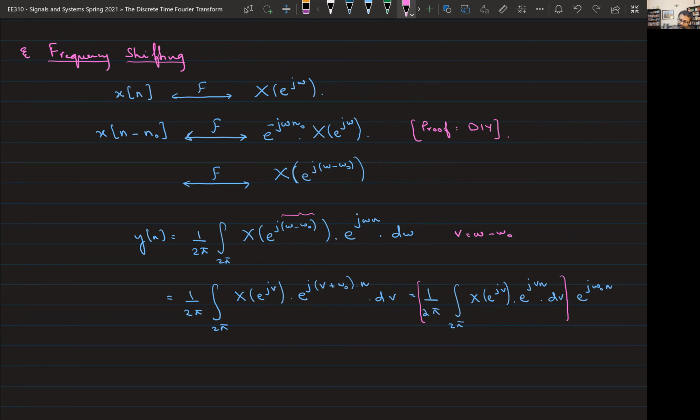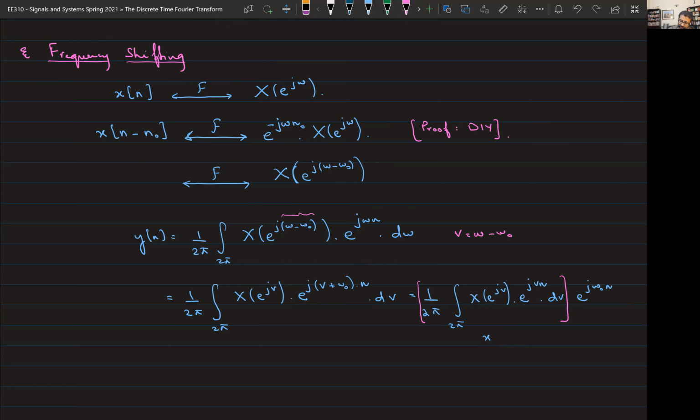So that's a constant, right? And what I have inside this pink bracket is actually x of n, right?